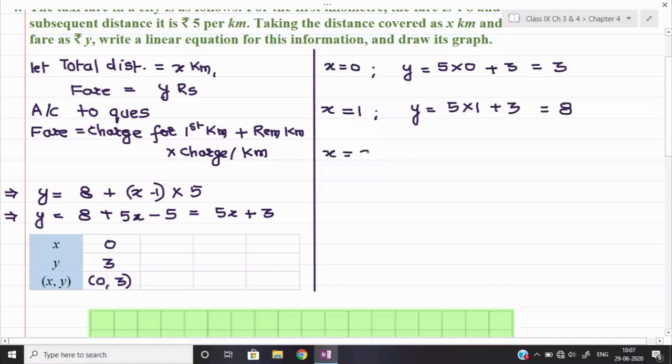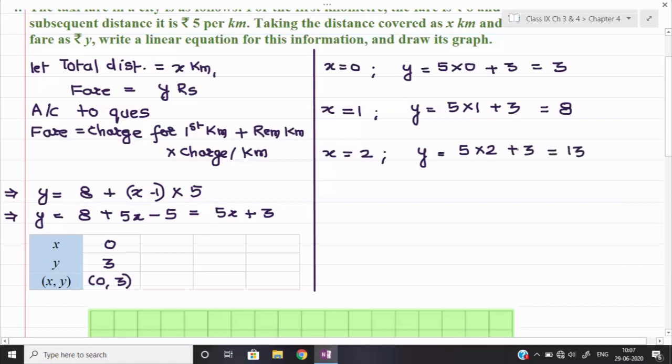If I take x is equal to 2, we can't take negative values here, because x shows the kilometers and nobody can go for minus 1 kilometer. So the value of y will be 5 into 2 plus 3. 5 into 2 is 10, and 10 plus 3 is 13.